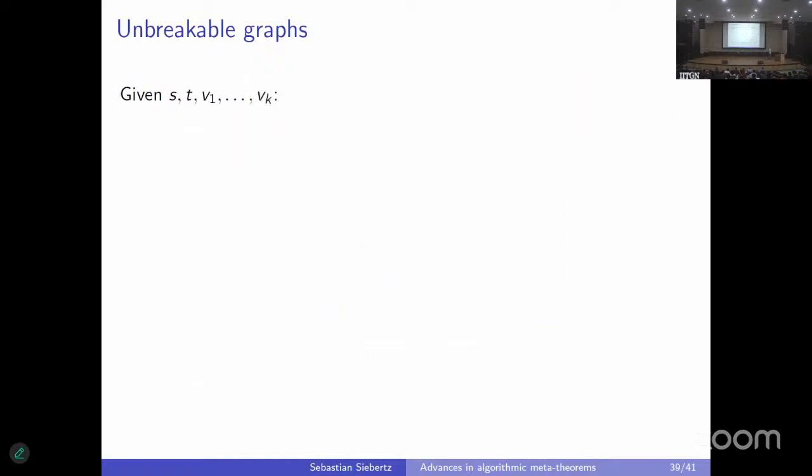So let's see, how can we express that two vertices S and T are connected when the deleted vertices have been removed? I do a breadth-first search from the vertex S in the graph where those vertices have been deleted, and I do the search only for q many steps.